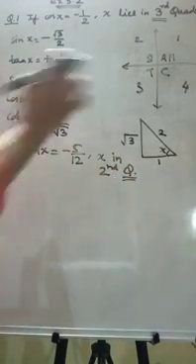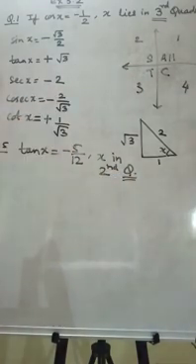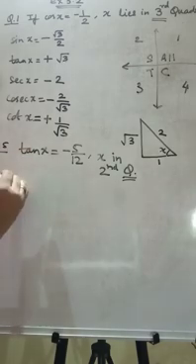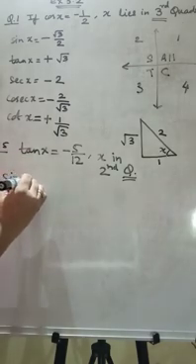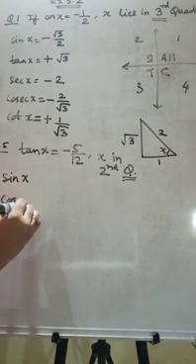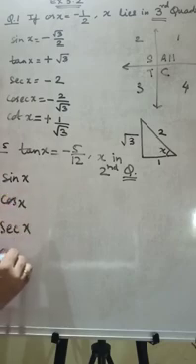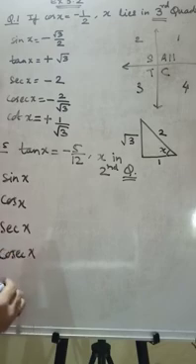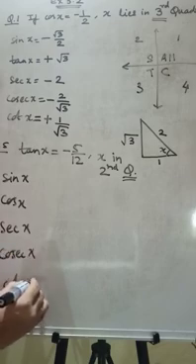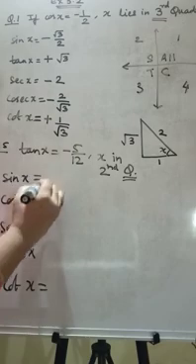Okay, same thing you need to see here. So tan x is given, and which are the other 5 trigonometric ratios? Sin x, cos x, sec x, cosec x, cot x. Now what is the next step?